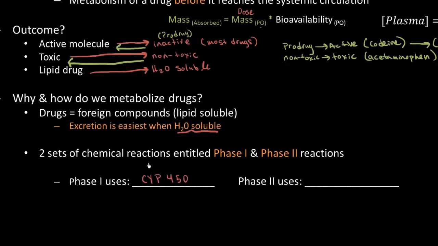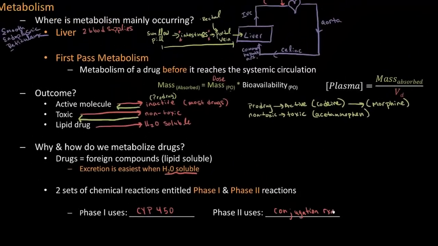We'll get to that in a second. Phase 2 reactions typically use a bunch of different enzymes, but if we wanted to come up with a name for them all, we call these conjugation reactions. Typically here we are attaching something onto a drug to make it more water soluble. This is what we're going to cover on the next slide.